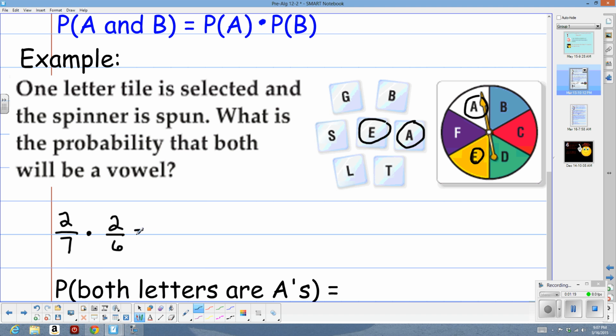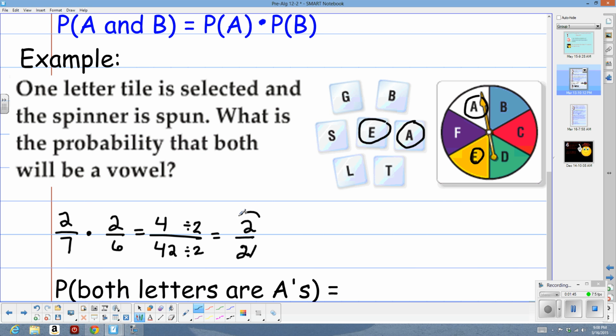2/7 times 2/6 is found by multiplying the numerators and then the denominators. So 4 over 42. And then that fraction can be simplified by dividing both the numerator and denominator by 2. So 2/21 is the probability of getting a vowel on the tiles and the spinner.